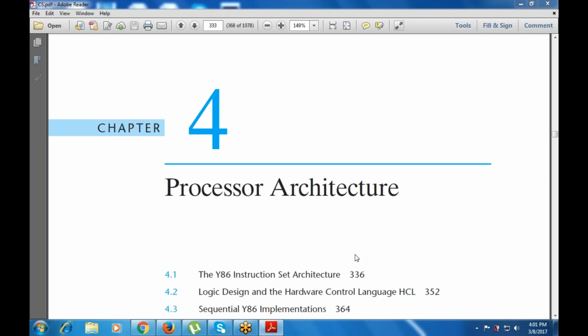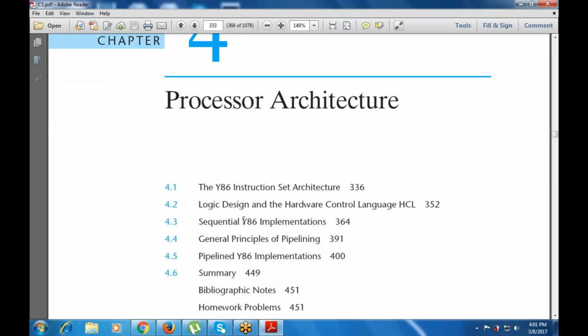Yes, today's topic is chapter number 4, the processor architecture, how we can process and do things. That is the Y86 instruction set architecture, defined with the logical design and the hardware control language, HCL.